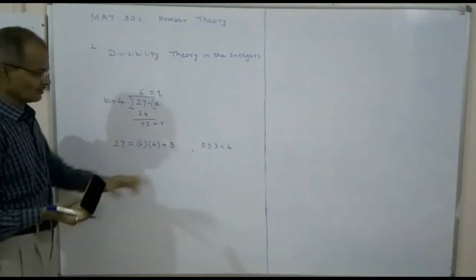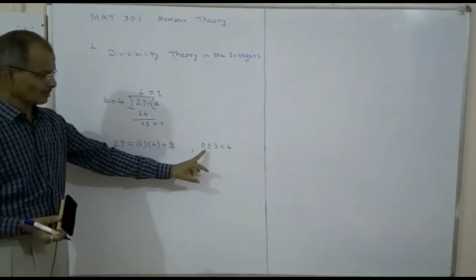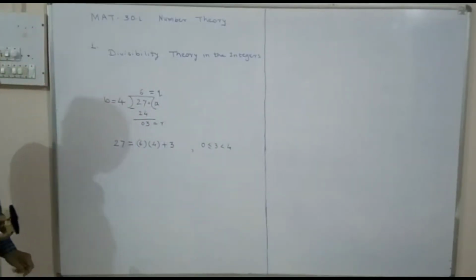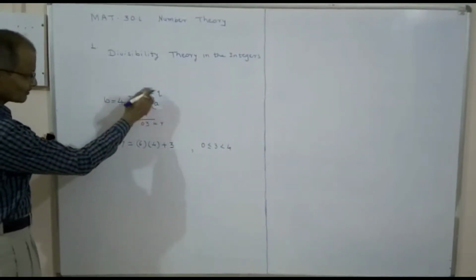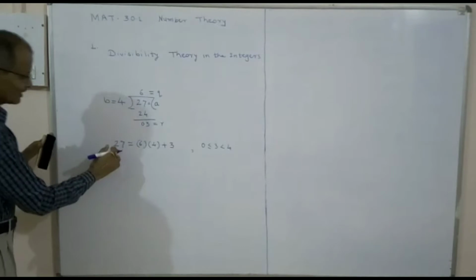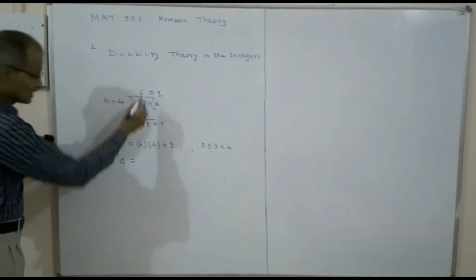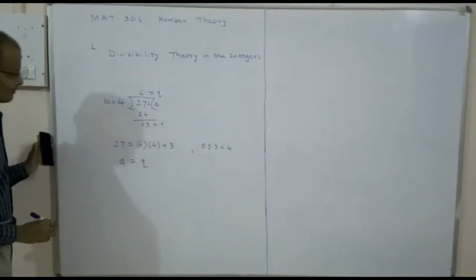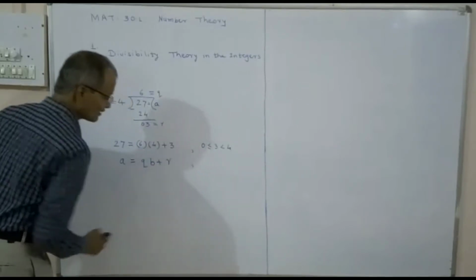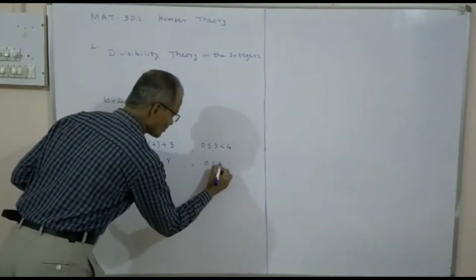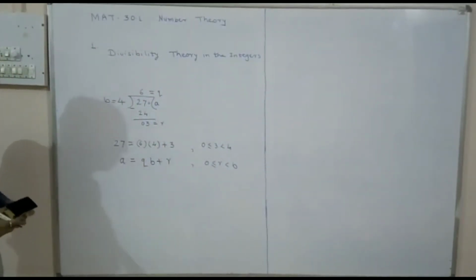So we write 0 is less than or equal to 3, is less than 4. And now we can write this in terms of the letters. Now you see 27 is A, 6 is Q, and this 4 is B, plus R, and 0 is less than or equal to R is less than B. 3 is R and 4 is B.